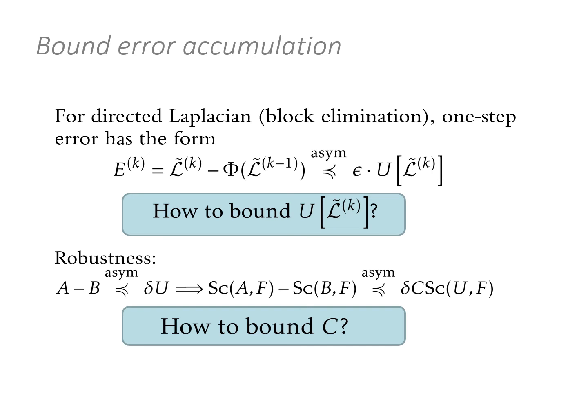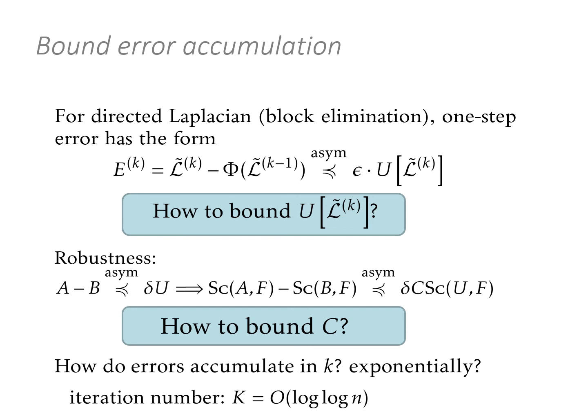That's because even if we can get a good approximation for L_K, this does not directly imply its Schur complement is also close to the Schur complement of L_K. The third problem is how will the errors accumulate with respect to K? As we will choose K to be of order O(double log n), if the error accumulates exponentially fast, we will have too many log n factors. Next, we will show that actually the error only accumulates polynomially in K.